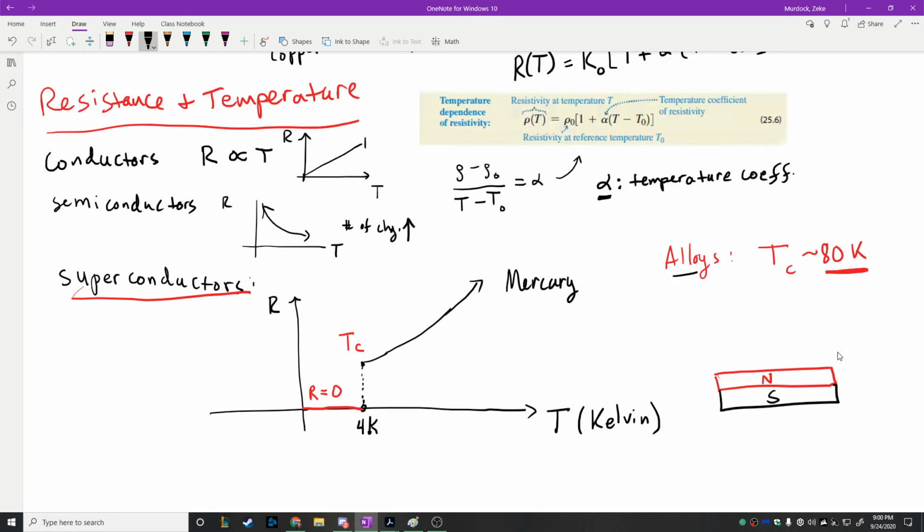Now, if instead I took a superconducting material and cool it down to a low enough temperature, let's label it as SC right here. If I take a superconductor and place it over a magnet, something really strange happens. It doesn't exactly levitate, but it does what you would think is levitation. It basically locks in space. It literally would float right at that location.